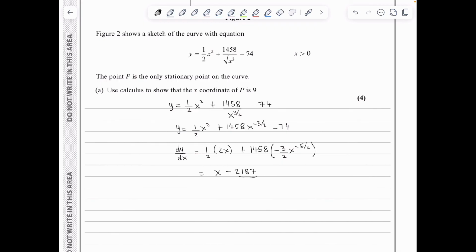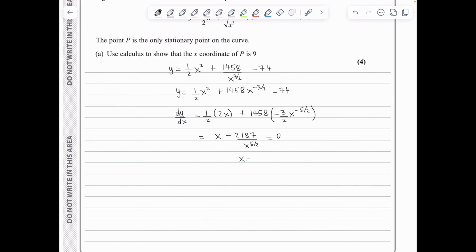2,187 over x to the 5 over 2, and we know that for a stationary point the dy dx is 0. So we have x is 2,187 over x to the 5 over 2.